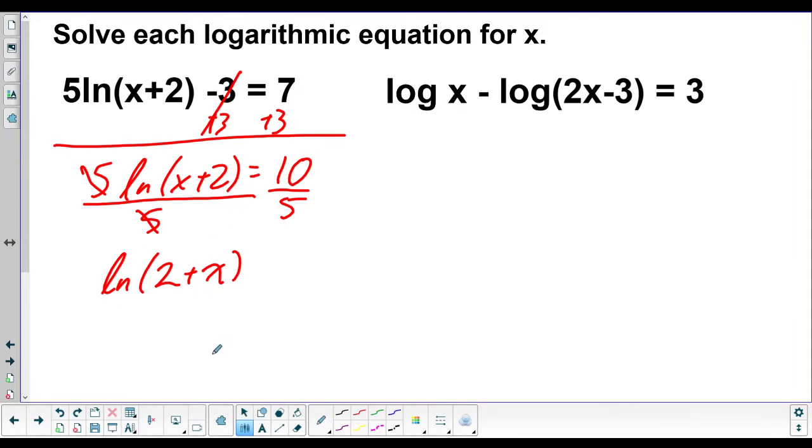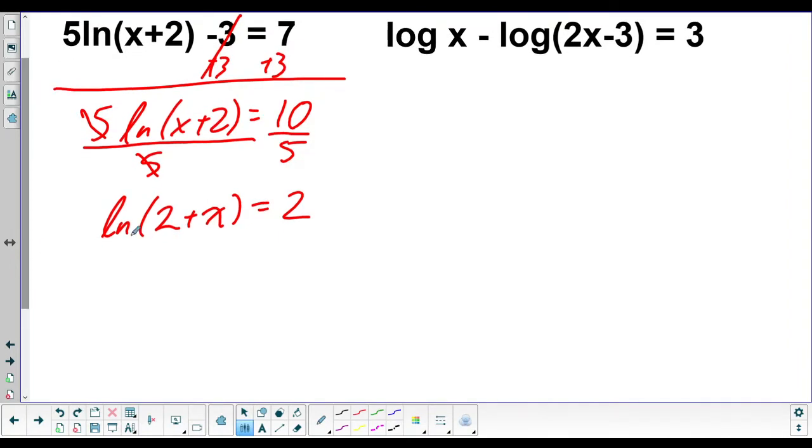Sorry for writing it in the wrong order, but it doesn't matter. Equals 2. Now we rewrite this in exponential form because our log with the argument is isolated and we're good to go. Because this is an ln log, our invisible base is e, Euler's number, the constant. So that's fine.